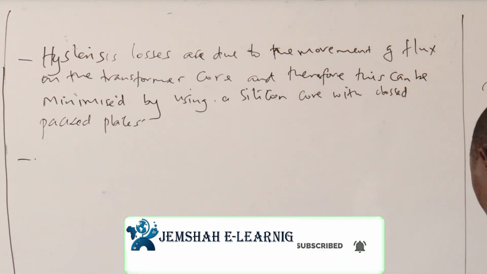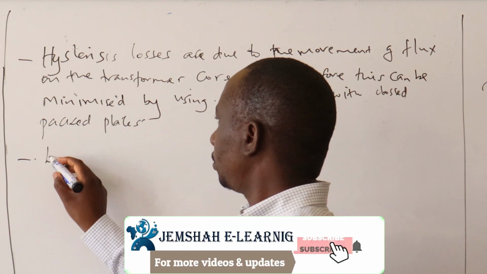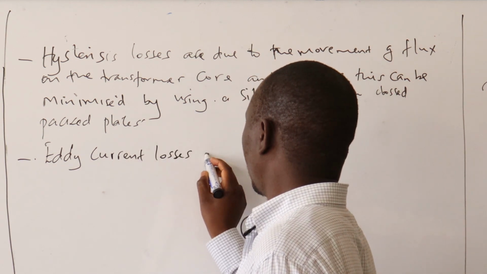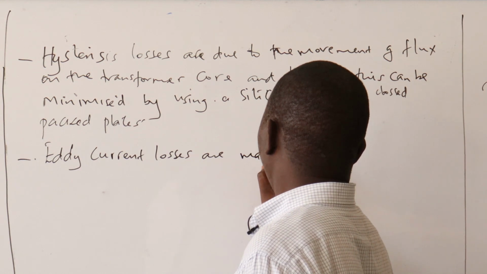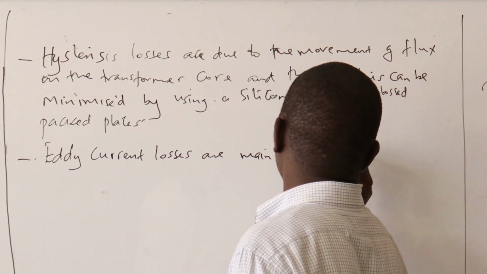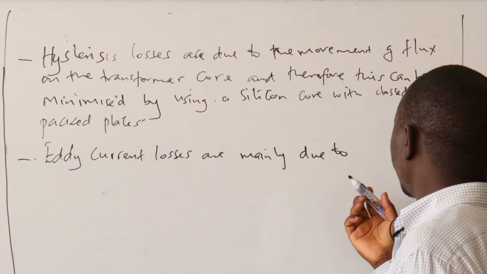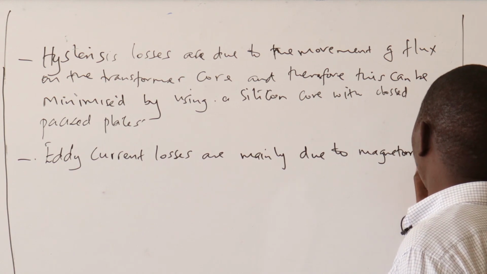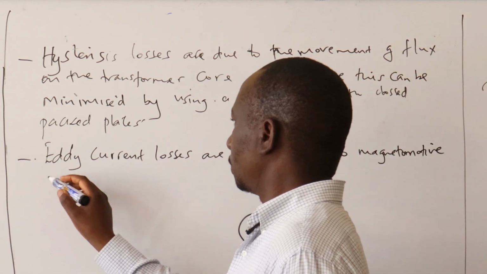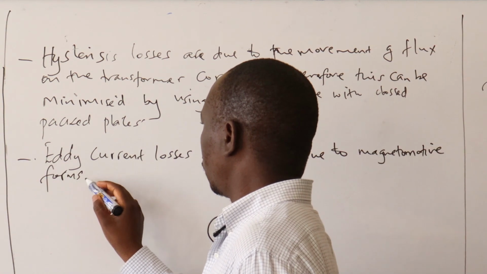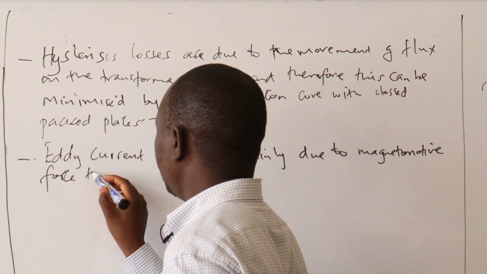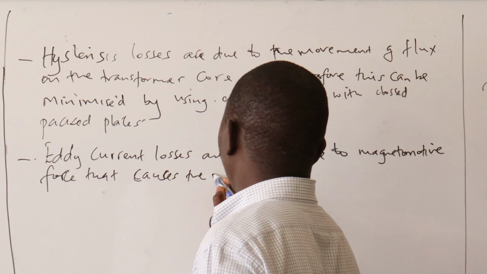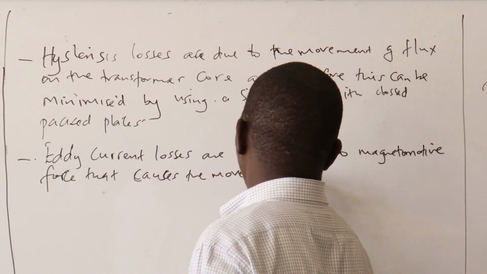The eddy current losses are mainly due to magnetomotive force, the magnetomotive force that causes the movement of flux.